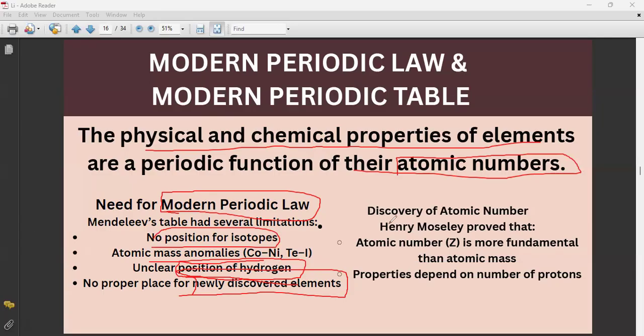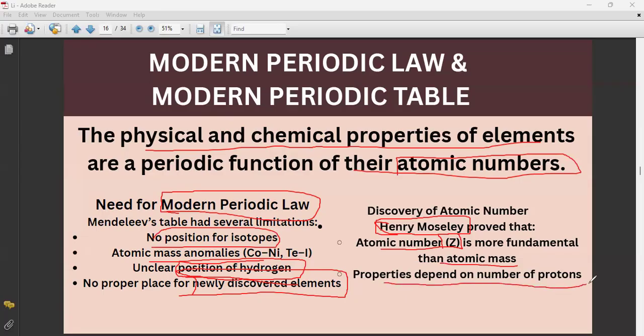Henry Moseley was the first one who discovered the atomic number and showed that atomic number, which is symbolized by Z, is more fundamental and more important than the atomic masses and their property. Atomic number, how do we calculate it?